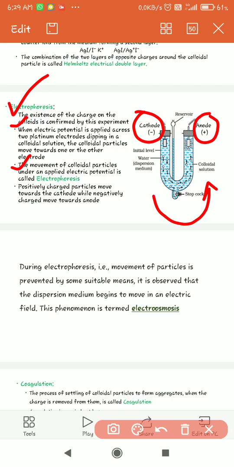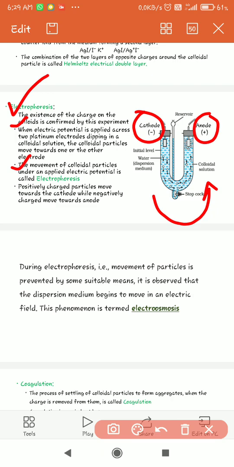That means the particles move towards the opposite charge. This process is called electrophoresis.